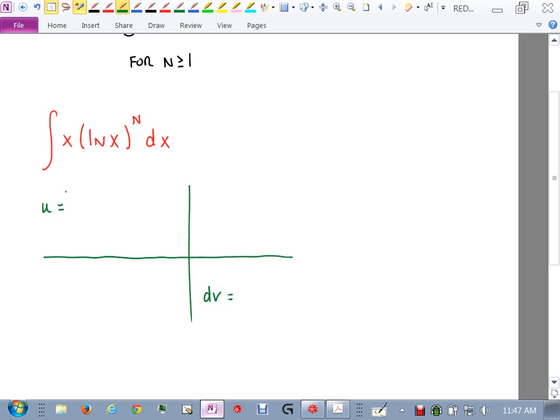What would you normally want to choose as your u here? The x, because we know in the new integral it becomes a 1. However, if you do that, you're going to have to integrate the natural log of x to the nth power. That does not look like a nice integral, does it?